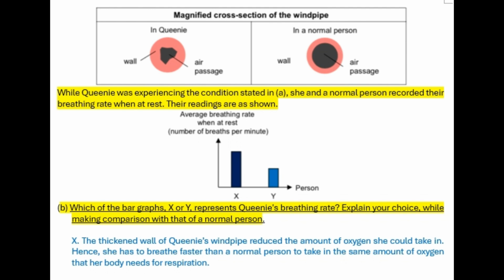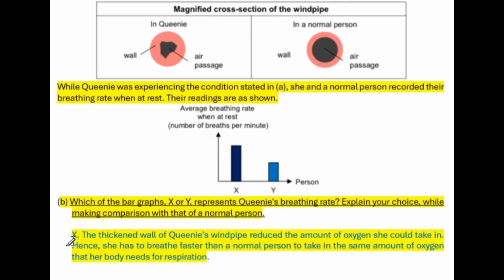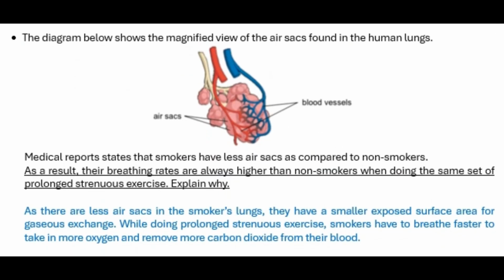X. The thickened wall of Queenie's windpipe reduced the amount of oxygen she could take in. Hence, she has to breathe faster than a normal person to take in the same amount of oxygen that her body needs for respiration. The diagram below shows the magnified view of the air sacs found in the human lungs.